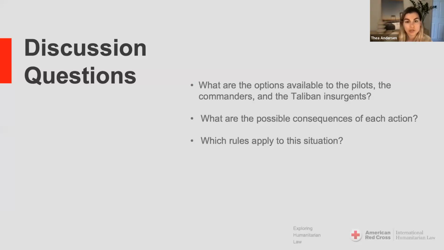Okay, the insurgents could stop what they're doing and flee so that the child isn't in danger. Wait, I guess this applies to all parties involved. The pilots could shoot regardless. They certainly could do that.